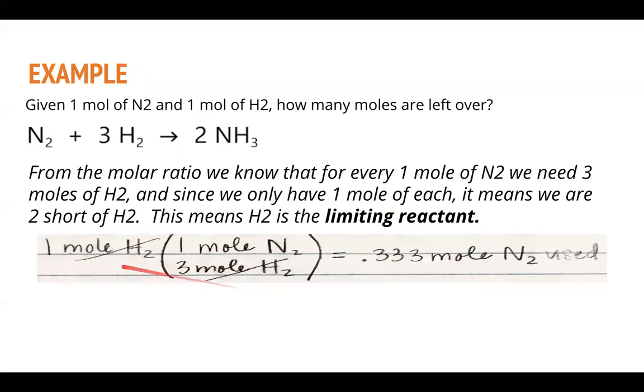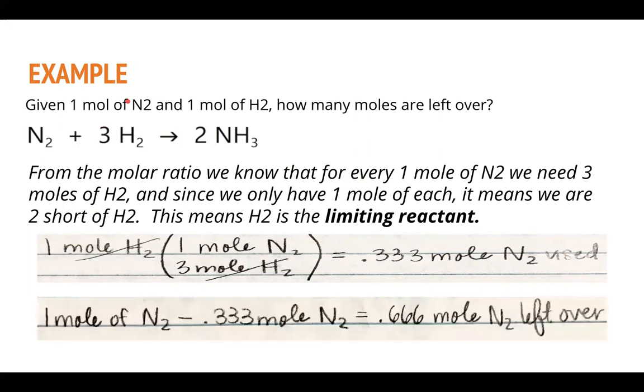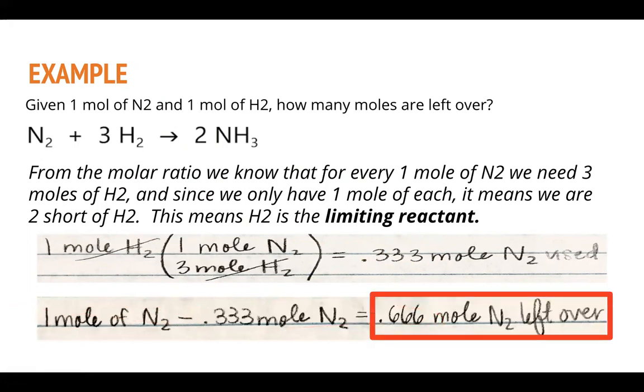And so I know that if I use up all of this mole that I'm given, then I'm only going to be using 0.333, or a third mole of nitrogen. And since I'm given a full mole of nitrogen, then I can just subtract this answer from the full mole that I'm given, and I will end up with 0.666, or 2/3 mole of nitrogen that is left over.